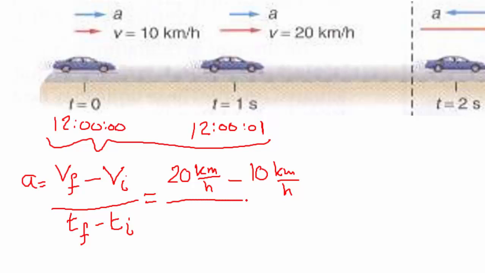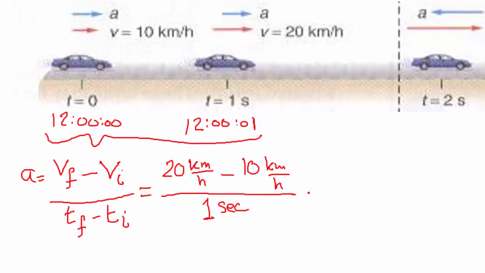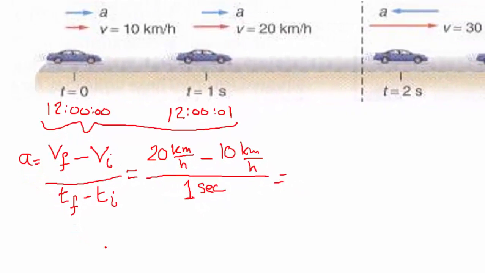This is divided by the time taken. The time taken is the final time, which is 1 second past 12, minus the initial time, which is 12. The difference between 1 second past 12 and 12 sharp is 1 second. So the time taken here is 1 second. And this will yield what? This will give you the acceleration value.